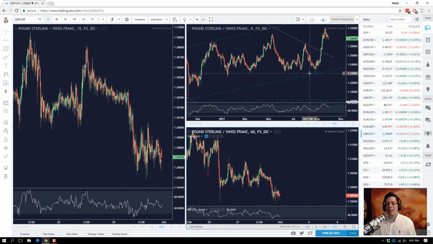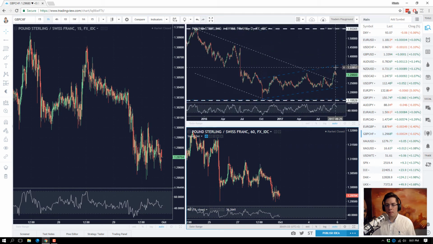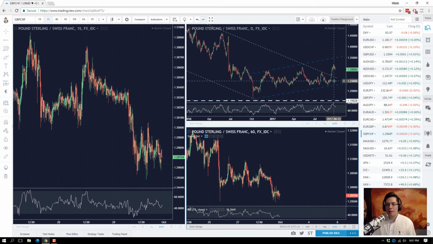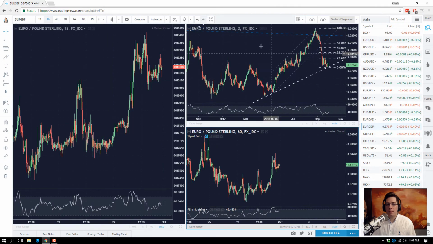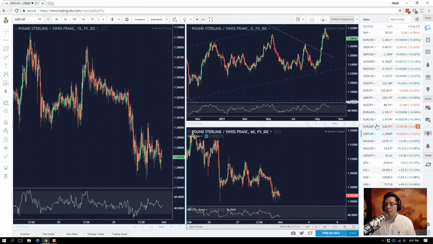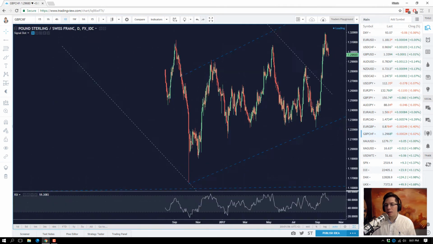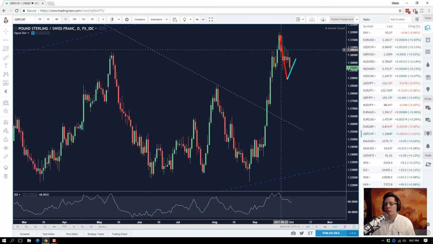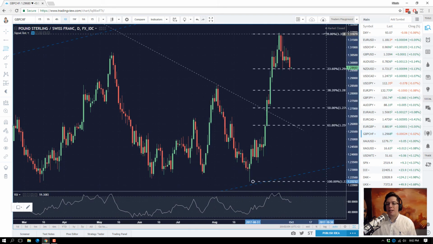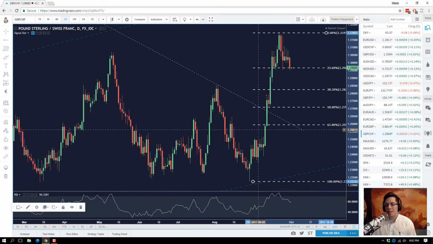Pound Swiss franc is more or less the opposite, but I don't like it much, to be honest, so let's skip it for now. We are going to see what to do with this after a few days, since euro pound and the pound Swiss franc are just inverse of one another. So if we want to see a push higher here in the euro pound, definitely the only logical thing for us would be to look for a 3-wave move down here. Also, if you measure the 50%, it's going to come around a similar zone.